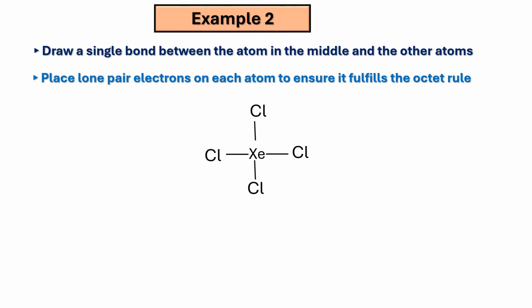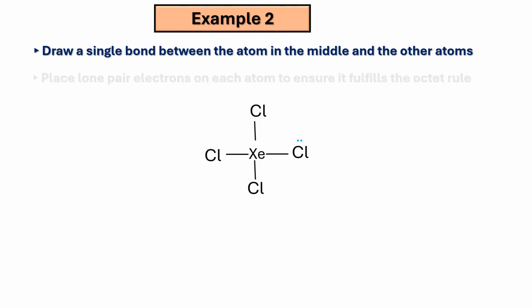We need to place lone pairs around each atom to ensure that it fulfills the octet rule. So xenon already has 8 electrons. It has fulfilled the octet rule. So we only need to place lone pairs around each chlorine to ensure that they also fulfill the octet rule.